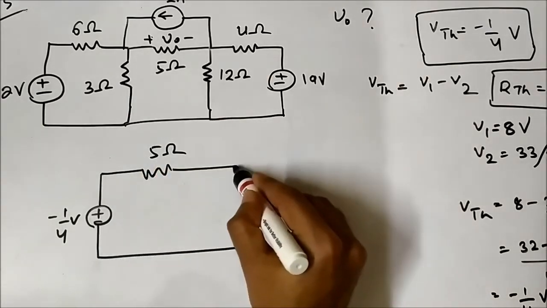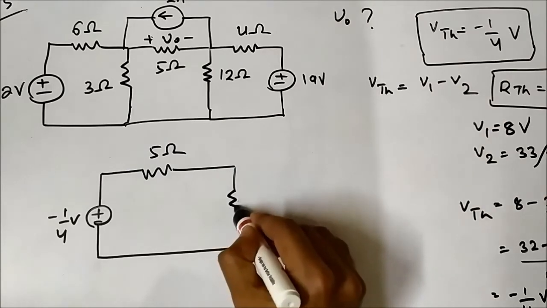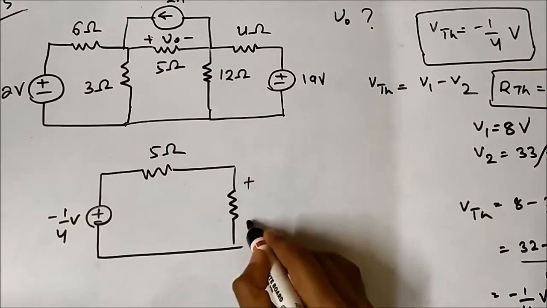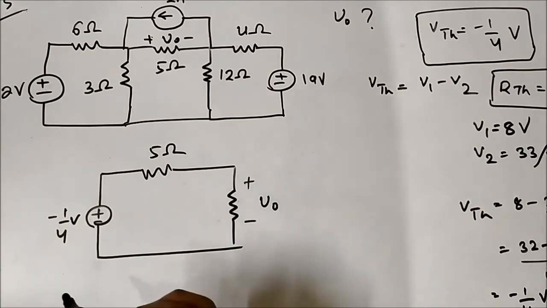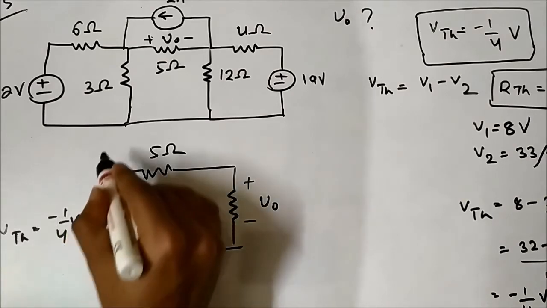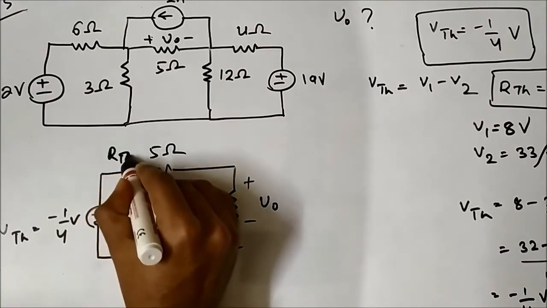Then we will include the 5 ohm resistor across which we have to determine the voltage drop. So we can apply a simple voltage division rule here.